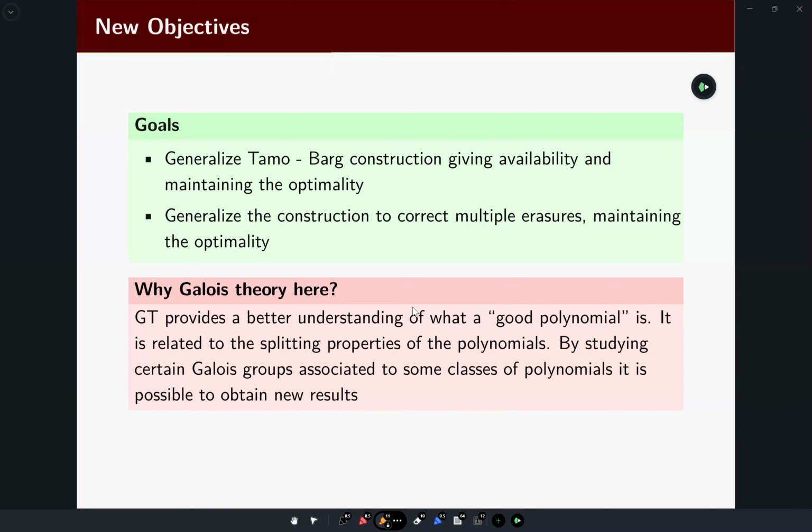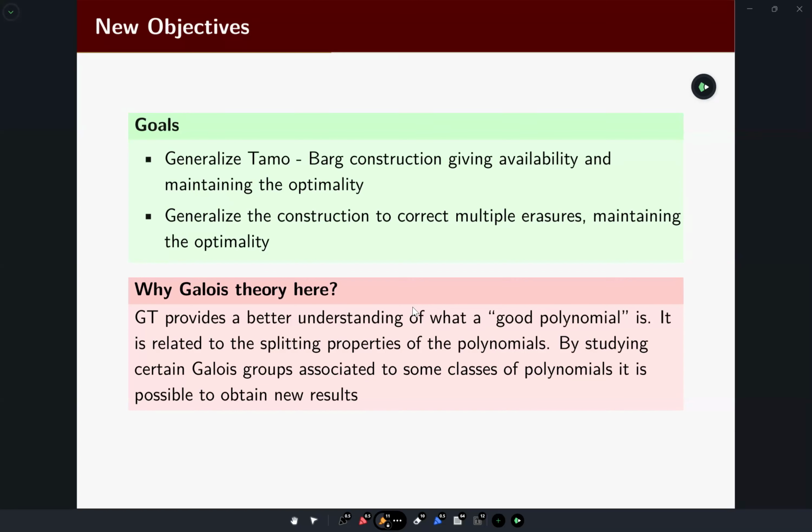And again, why Galois theory here? Galois theory is important because it provides a better understanding of the main tool that they used in their construction. In their construction, they introduced the idea of a good polynomial.